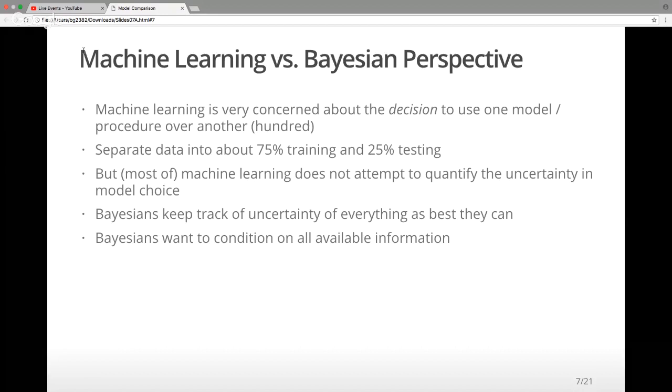Rather, you're getting draws from all around the posterior distribution in proportion to their posterior probability that reflects or propagates your uncertainty about the parameters into the predictions. And as a result, with Bayesian approaches, you tend to get about as good predictions on the data that you condition on as data that you don't condition on.